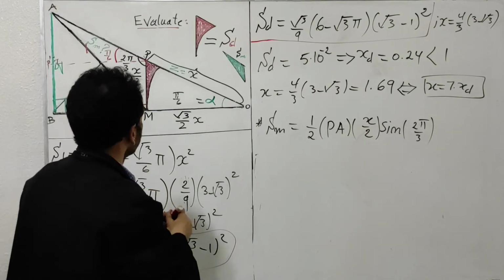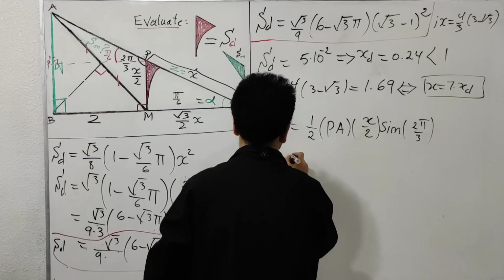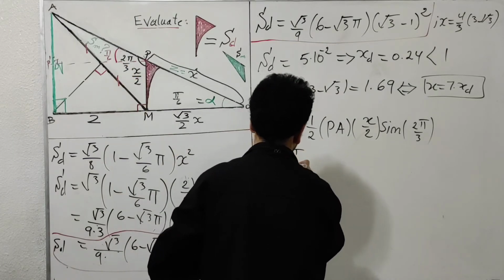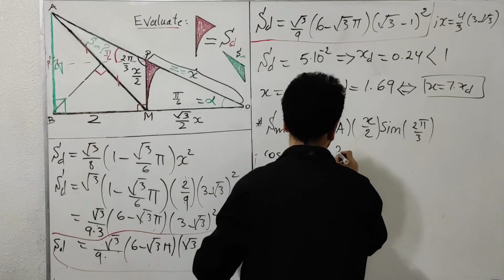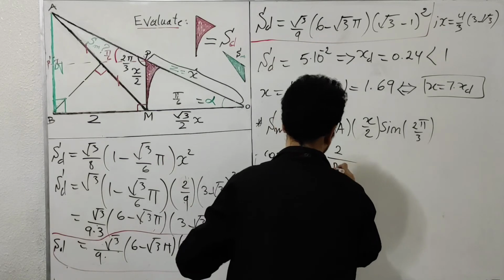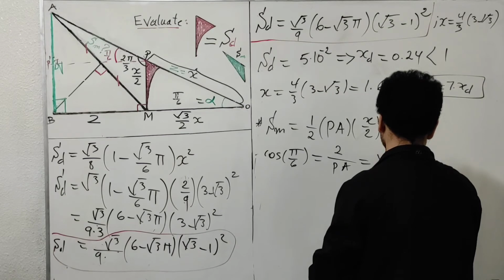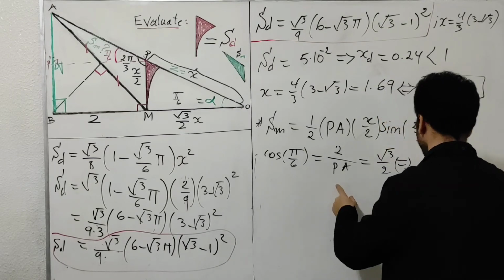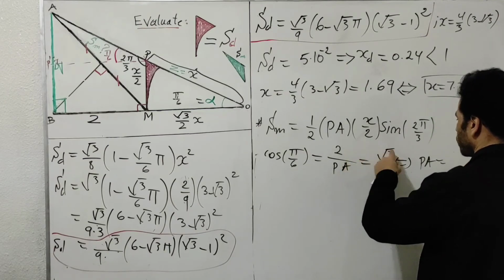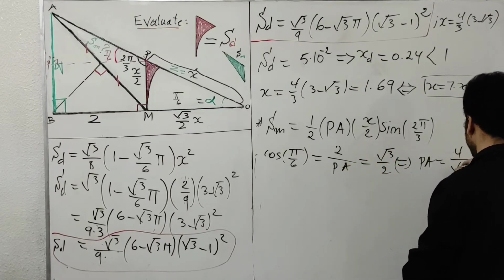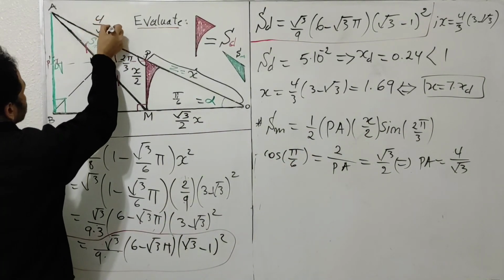So by calculating PA, cosine of pi over 6 equals 2 divided by PA. As we know, cosine pi over 6 equals square root of 3 over 2. It's equivalent to PA equals 2 multiplied by 2 divided by square root of 3, which is 4 divided by square root of 3.